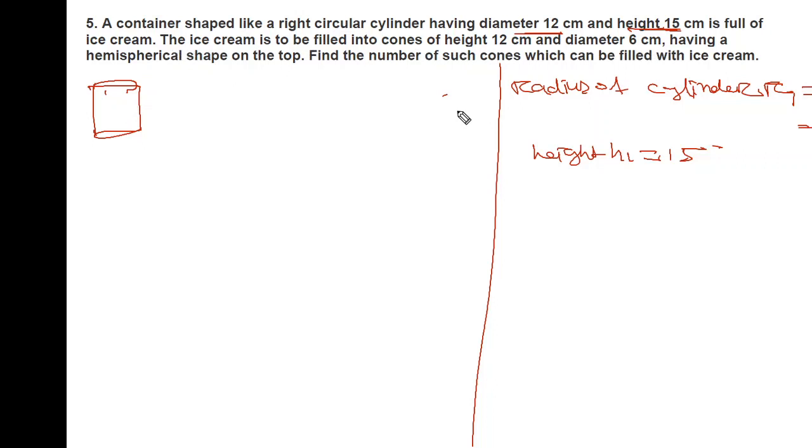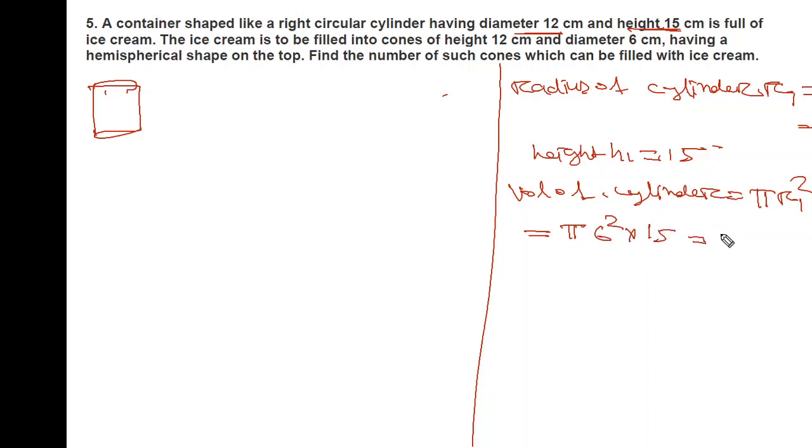So first we will find the volume of the cylinder. Volume of cylinder equal to pi R1 square H1, which will be equal to pi, R1 is 12 by 2, 6 square into H1 is 15, which will be equal to 540 pi centimeter cube. So this will be your volume of the cylinder.